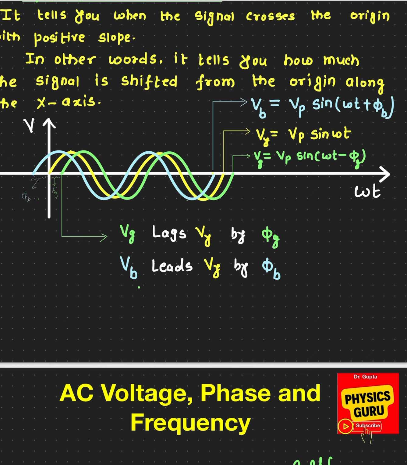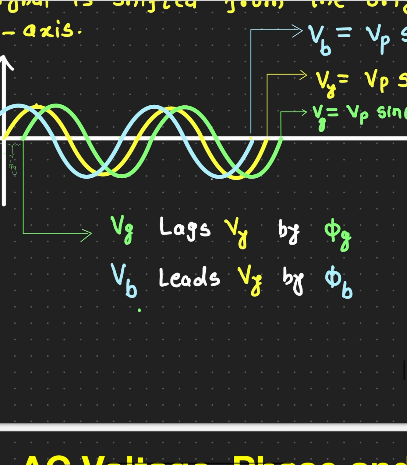You also need to understand the different interpretation of this. If you look anywhere, say for example here, which one do you see first? You see the blue one. So we say the blue voltage VB leads the green voltage by a phase. This one is a leading one, because you always need a source to compare.